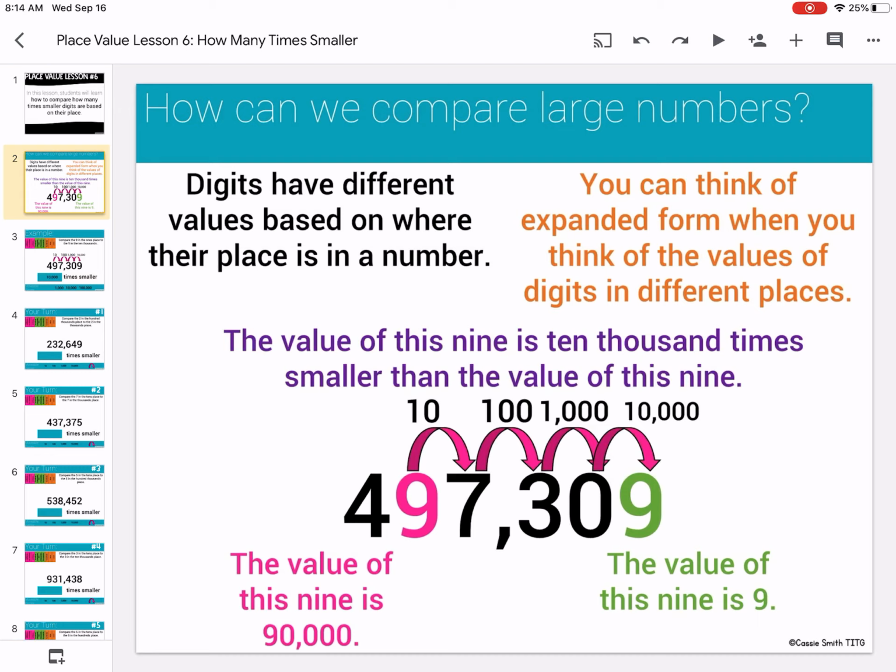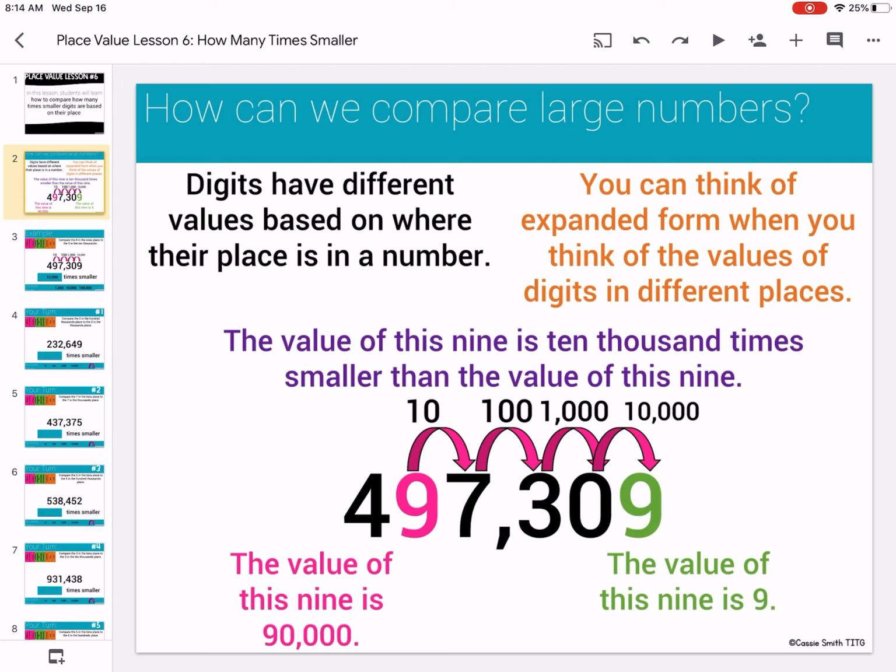Then from the thousands to the hundreds, that's 10 more times, and 10 times 10 is 100. From the hundreds to the tens, that's 10 more times, so 100 times 10 is 1,000. And finally, from the tens to the ones, 1,000 times 10 is 10,000.